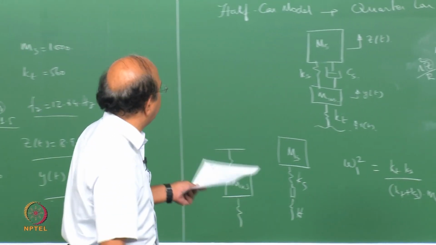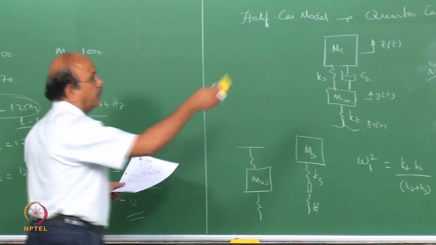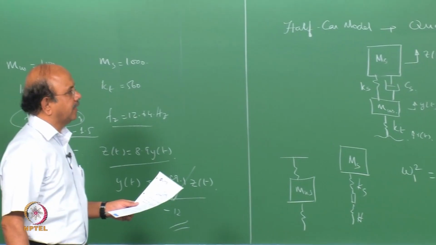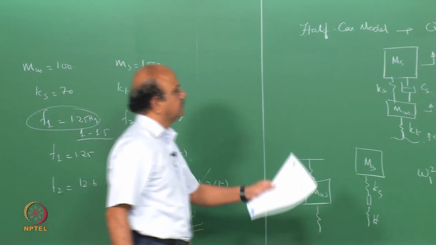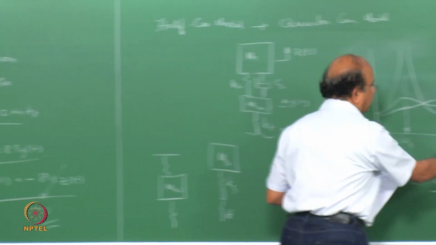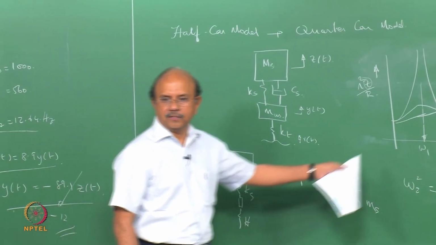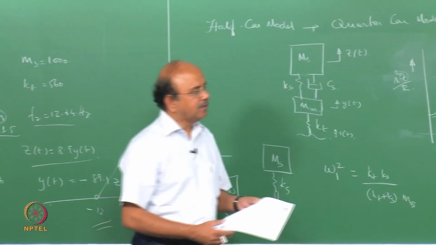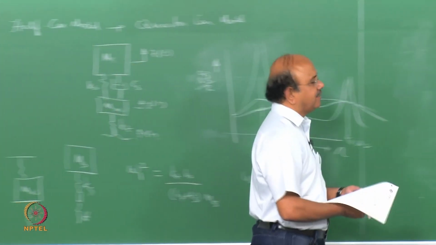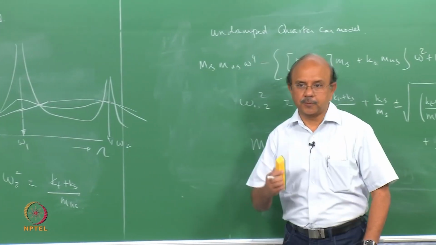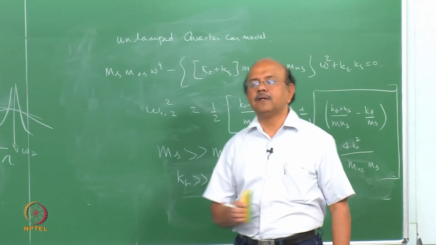We had already derived the expression for the other cases, and that's approximately the omega 1 and omega 2 that we just saw. You can draw this graph from whatever we know. As I said, optimization of the suspension system is not a very straightforward problem.